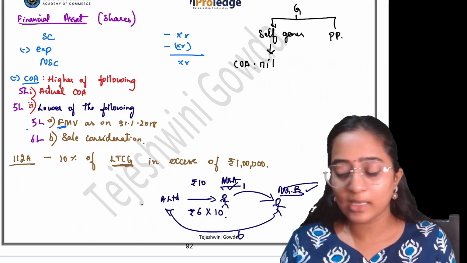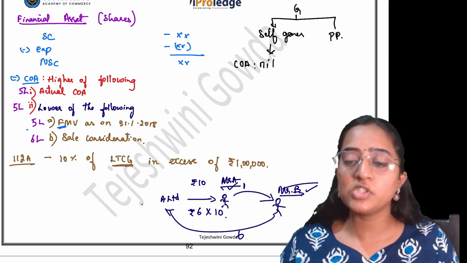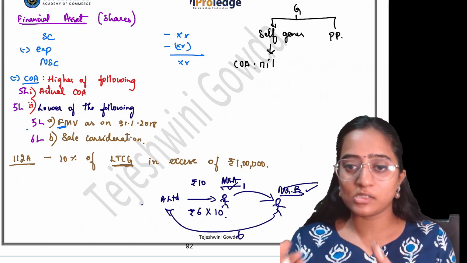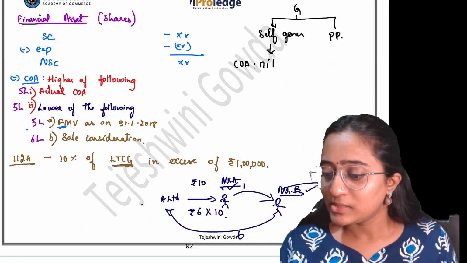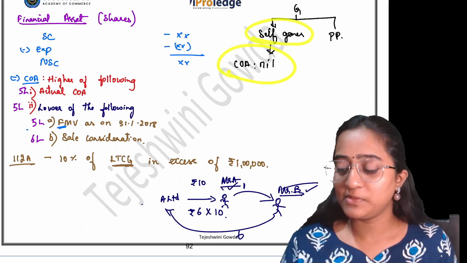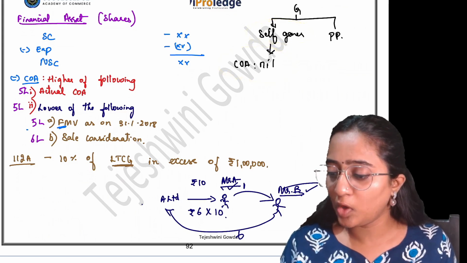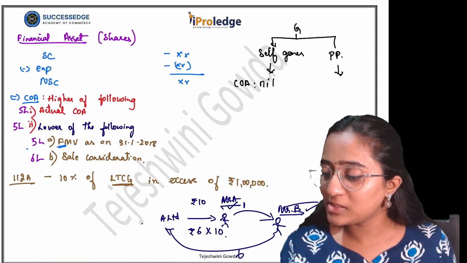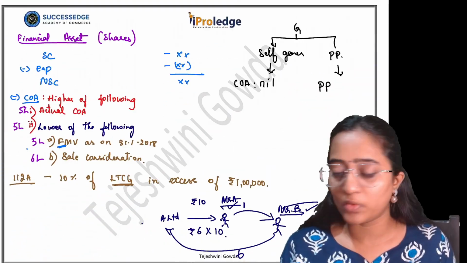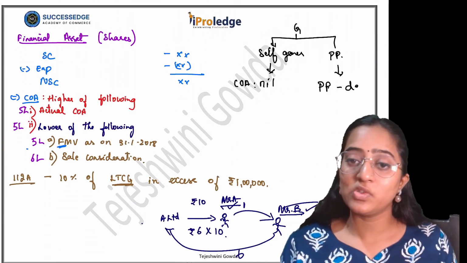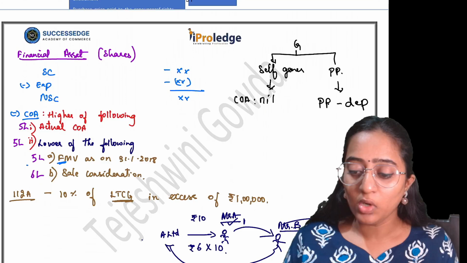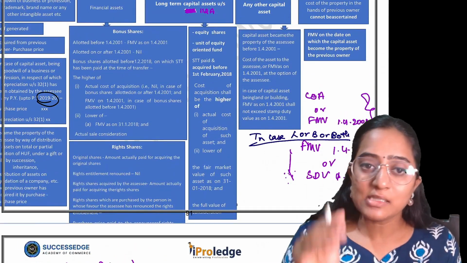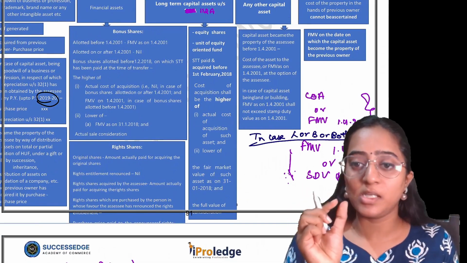This is going to be a revision class, and the explanation as to why it is going to be nil, everything will be done in the regular class. Okay, let's stick to a revision now. Self-generated goodwill, remember, cost of acquisition is going to be nil, and in case of purchased goodwill, remember, whatever is the purchase price of the goodwill minus whatever depreciation you have charged prior to PY 2019-20. That is, up to 19-20 you have charged depreciation.